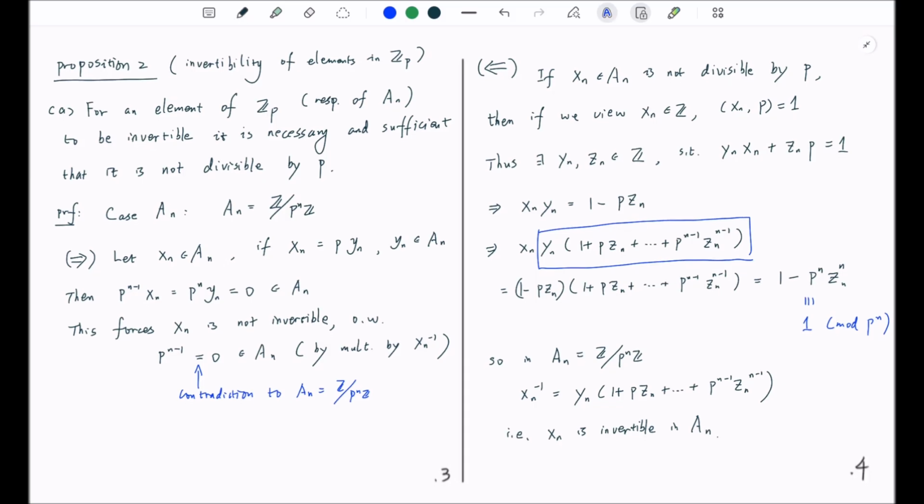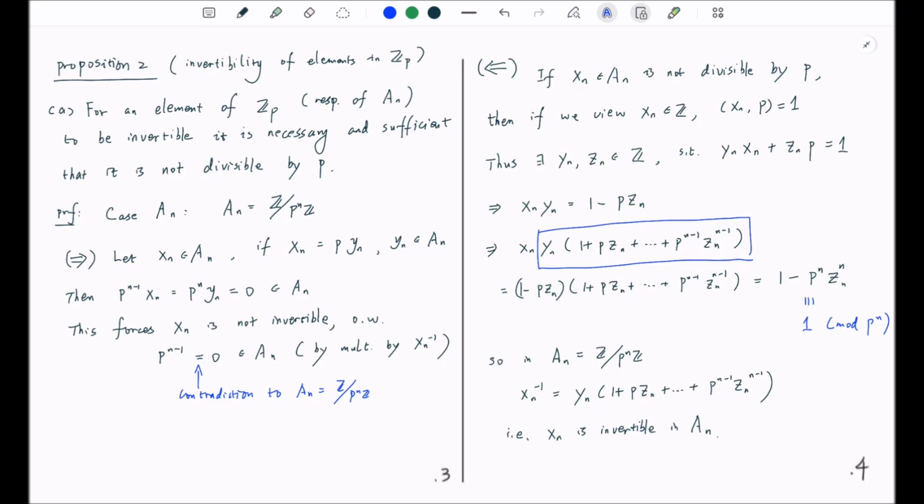Now the remaining question for us is, after completing the case for A_n, how do we pass it to Z_p? Remember, Z_p is a projective limit, or inverse limit, of A_n's. And the elements in Z_p are formed as the compatible sequences from A_n's.